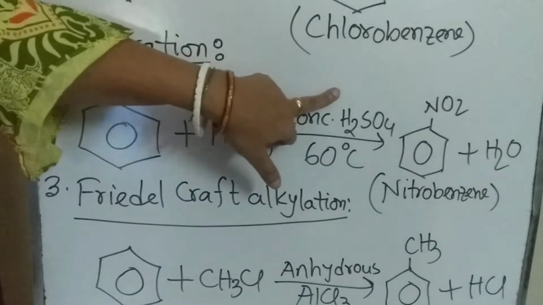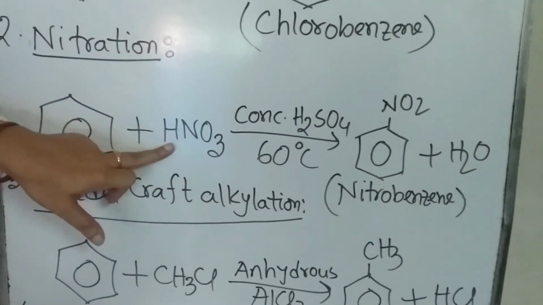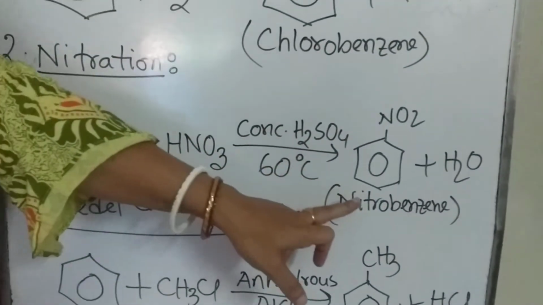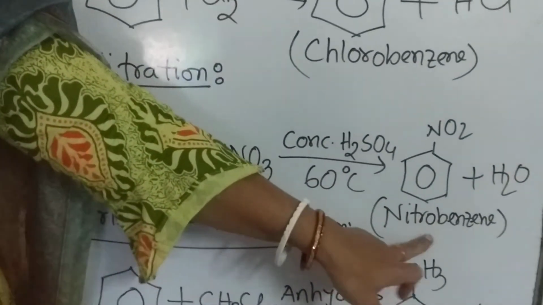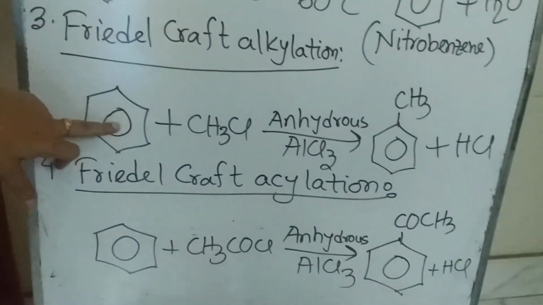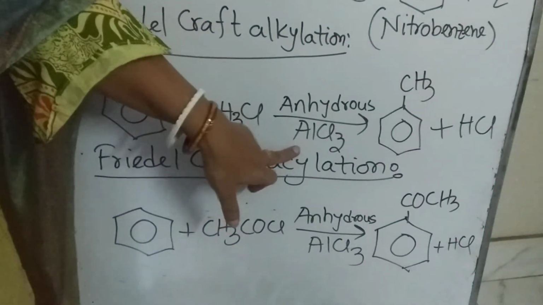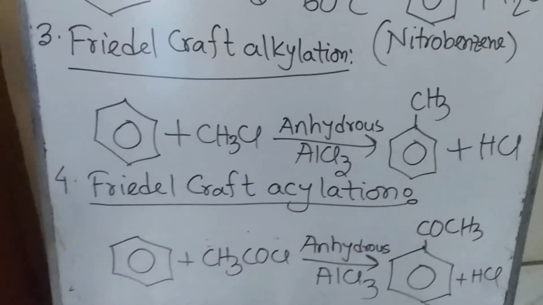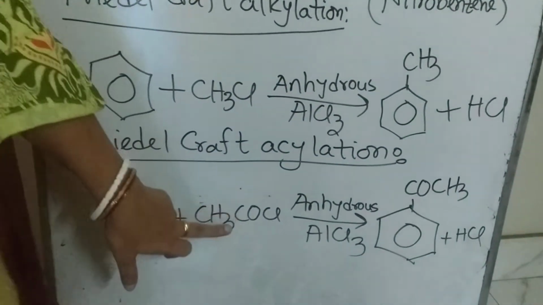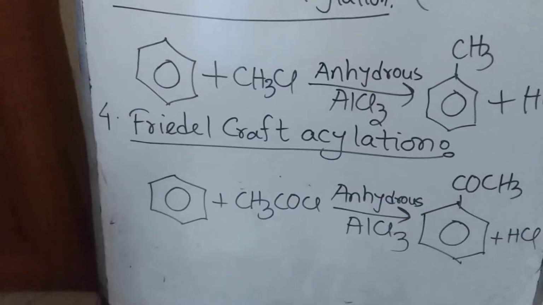Here sulfuric acid acts as catalyst, and when benzene reacts with nitric acid in presence of concentrated sulfuric acid at 60 degrees Celsius temperature, then it converts to nitrobenzene. Come to Friedel-Crafts alkylation. When benzene reacts with methyl chloride in presence of anhydrous aluminum chloride, then it converts to toluene. Come to Friedel-Crafts acylation. When benzene reacts with acyl chloride in presence of anhydrous aluminum chloride, then it produces acyl benzene.